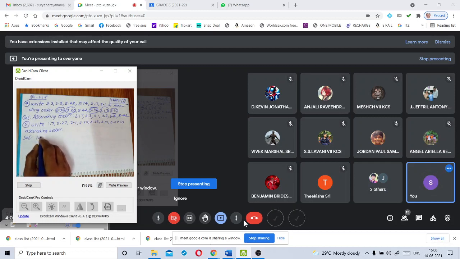1.7. How do you write this number with two decimal places? 1.70. Very good. I am writing 1.70. Here we are writing this decimal number with two decimal places, but actually only one decimal place is there.